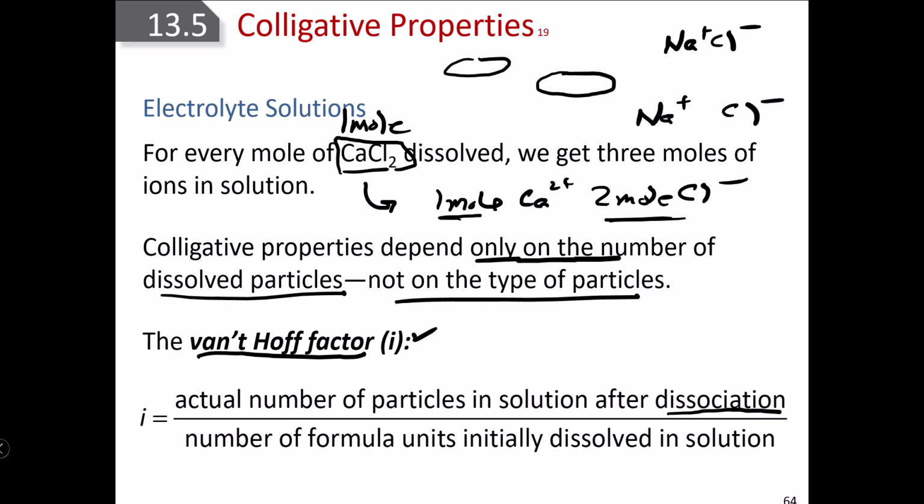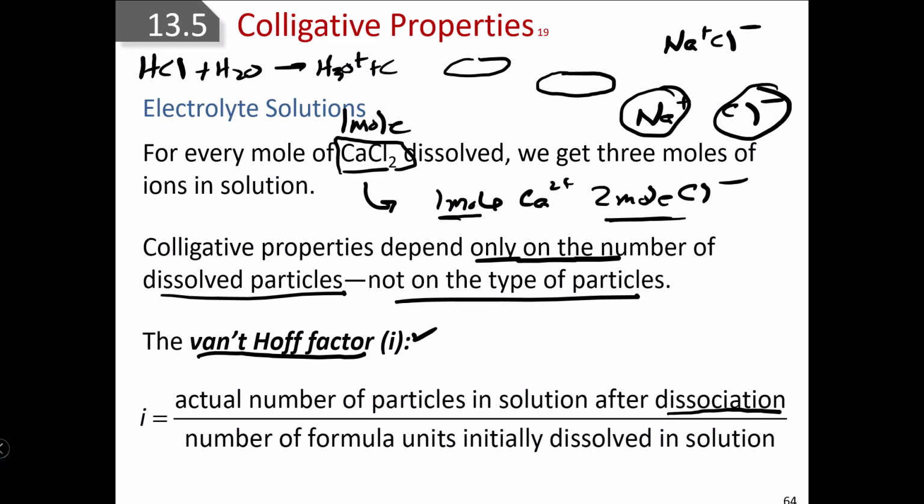Each ion gets separated. That's different than a molecular compound like hydrogen chloride. When we bubble it through water, we ionize it. We form hydronium ion plus the chloride ion.